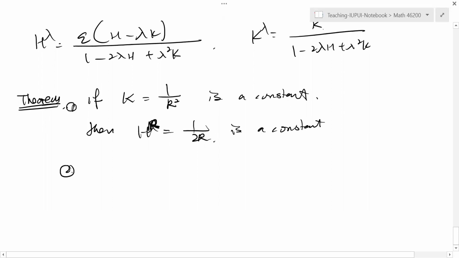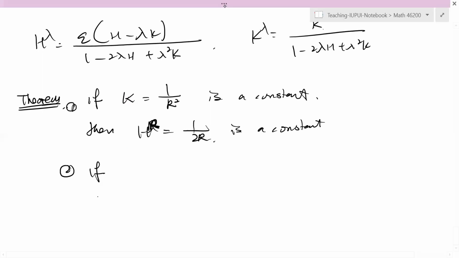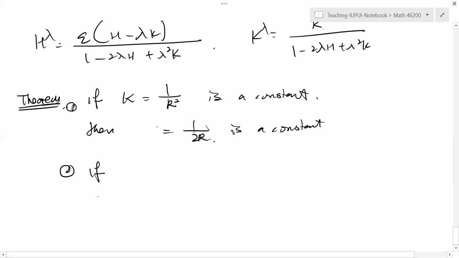Second statement: if the surface has constant curvature, actually, here's a plus minus sign.